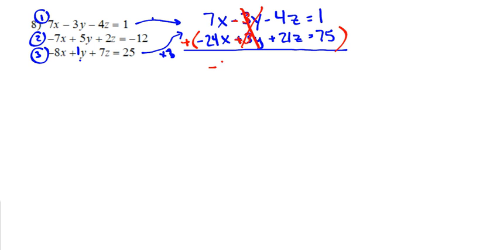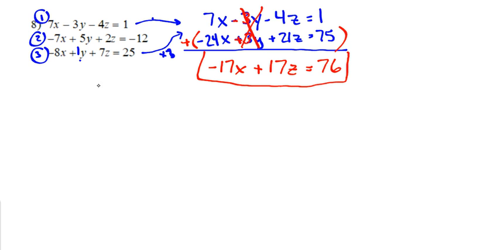It's going to give me negative 17x. And then negative 4 plus 21, it's going to give me a positive 17z equals 76. Okay. So here is one of my equations.